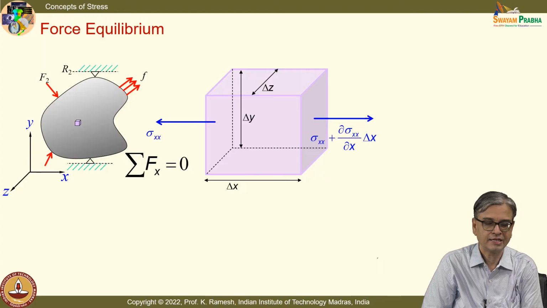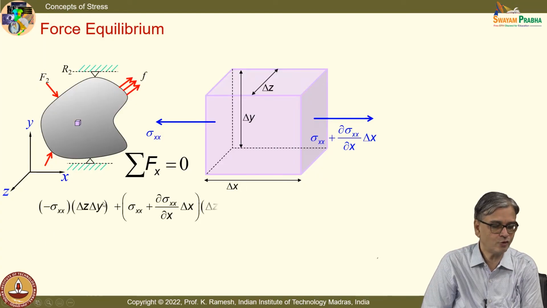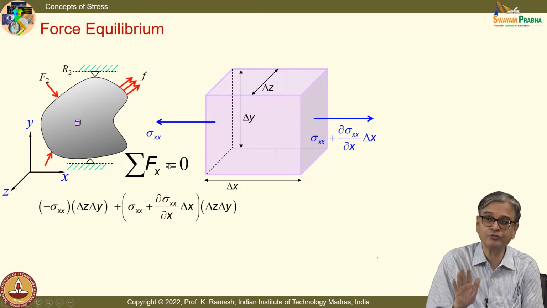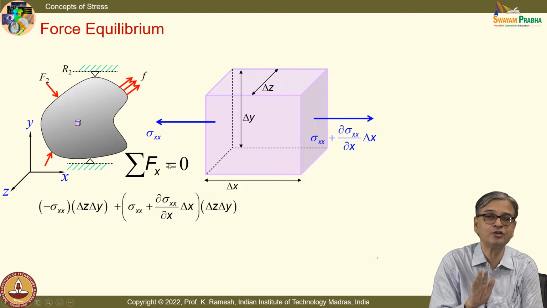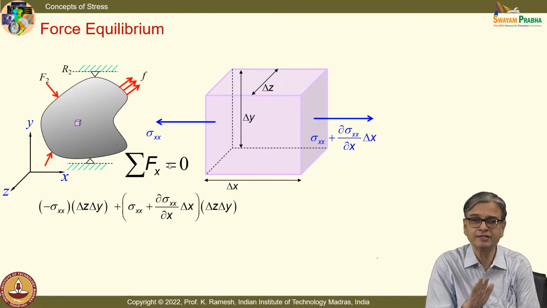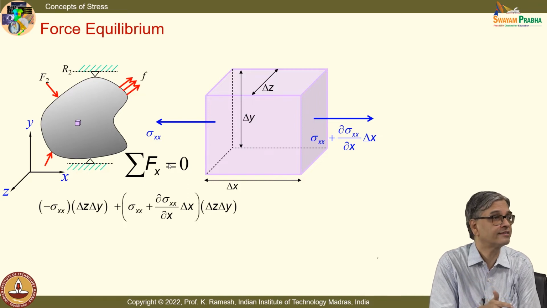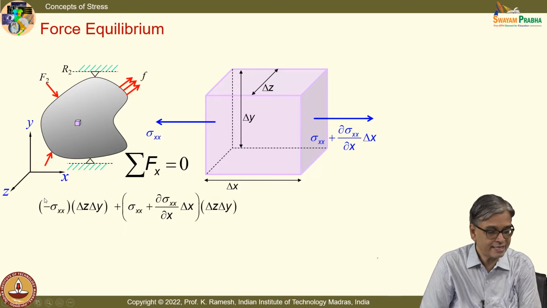Okay. So now what I am going to do is, I have written down the force, and while writing this, I have already cautioned you, we follow the convention to write initially, but when I sum it up, I look at the coordinate system. If it is pointing towards the negative direction, I will have minus sigma xx multiplied by the area. I have delta z into delta y, that gives me the force.